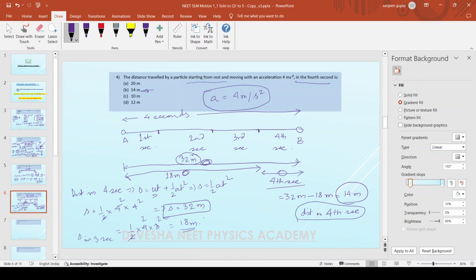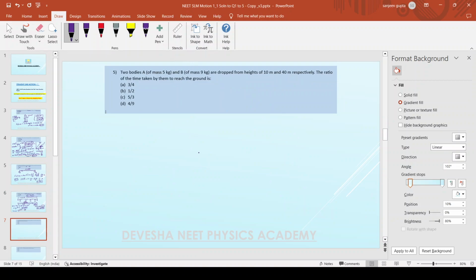Okay, let's move to the next problem. Two bodies, one of mass 5 kg and the other of mass 9 kg, are dropped from heights of 10 meters and 40 meters. What is the ratio of time taken by them to reach the ground? Imagine that this is the ground here. One body is dropped from here, and the other body is dropped from here.